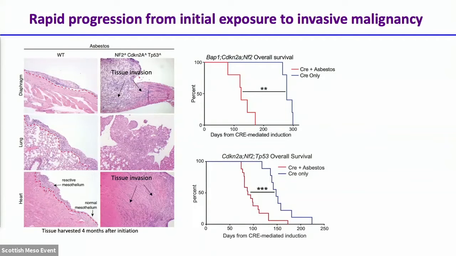But I think it's very reproducible, and really what it gives us is a model system now where we can generate full-blown mesothelioma within our mouse models within about 100 days or 120 days.